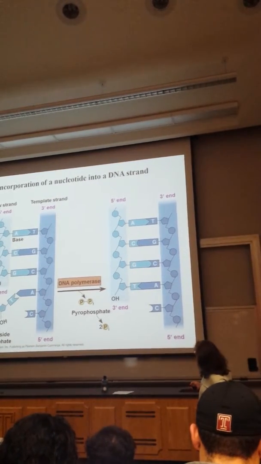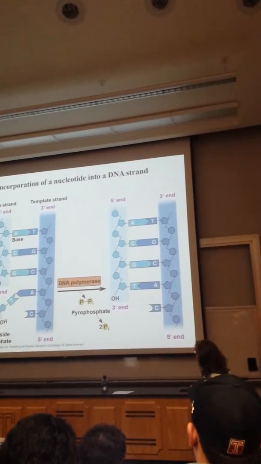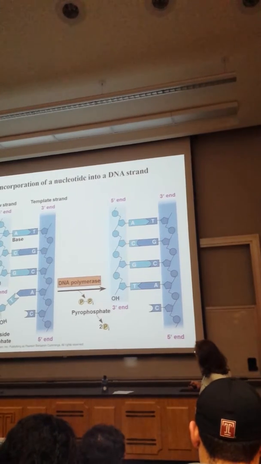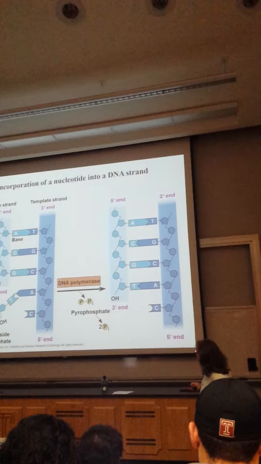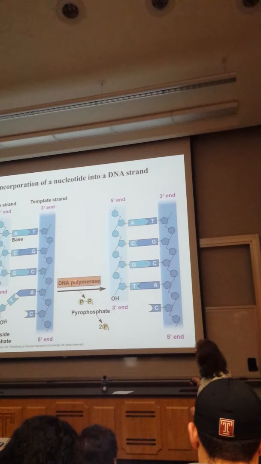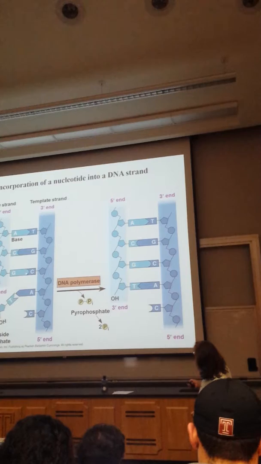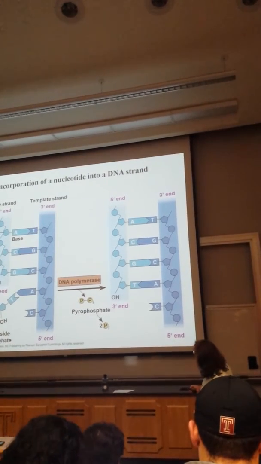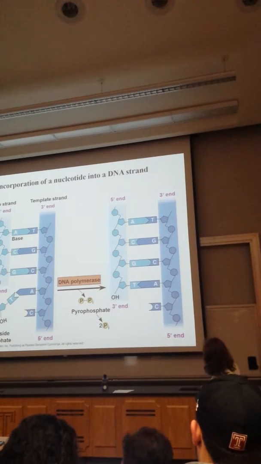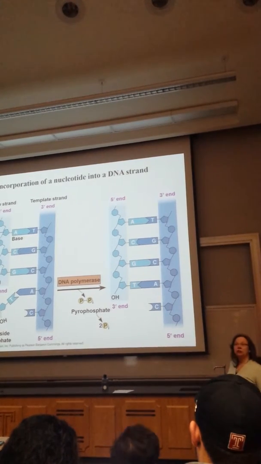In the process of transferring the base into the growing DNA strand, the beta and gamma phosphates are hydrolyzed away, and it's the energy associated with this hydrolysis and the repulsive force between the phosphates that gives DNA polymerase the energy to establish a covalent bond between the 3' hydroxyl of the base already incorporated into the strand and the phosphate group of the new base, generating a phosphodiester linkage.